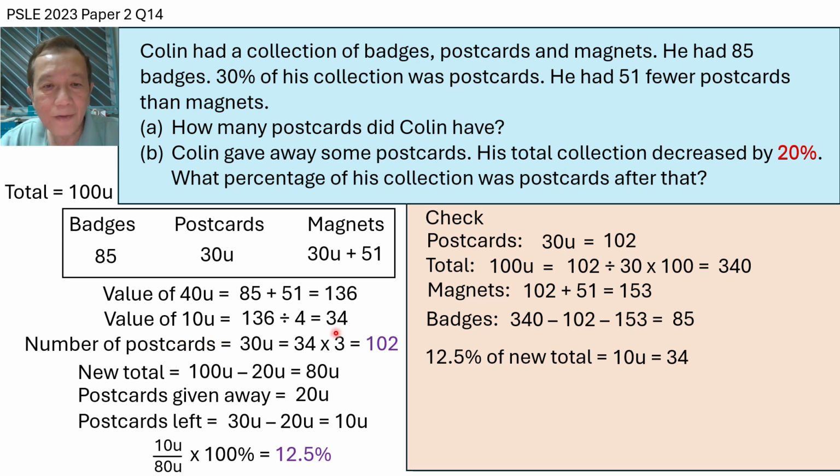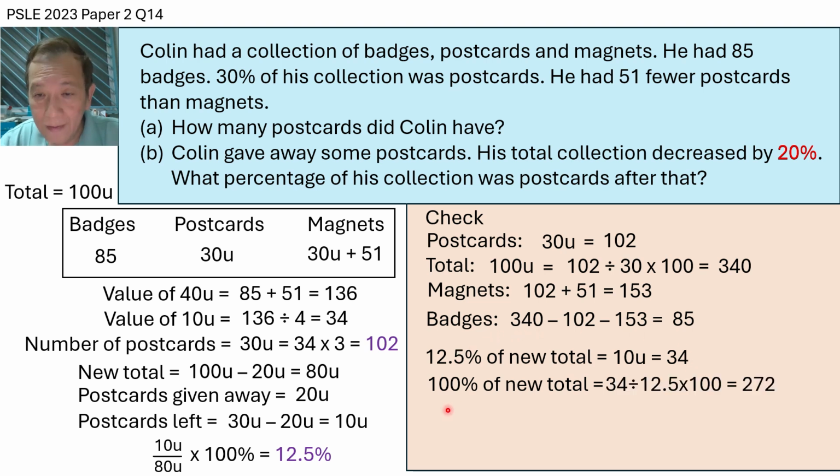So, if 12.5% of new total is 34, 100% of new total will be 34 divided by 12.5 times 100 equal 272.